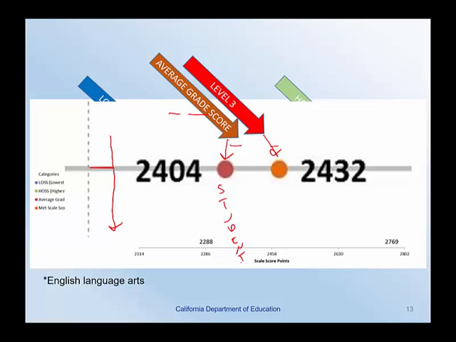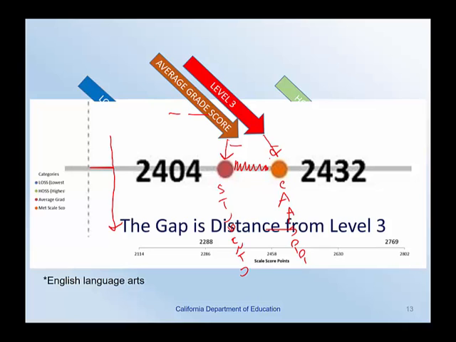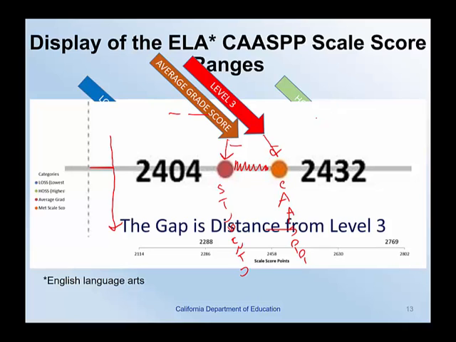These are your student scores, and this was set by CAASPP. Okay, and so this difference right there, that gap, that's the distance from level 3. So if we were to do a computation, we take 2432, subtract 2404, you get negative 28 actually, because you're to the left, and so your distance from level 3 is negative 28. That would be your status.